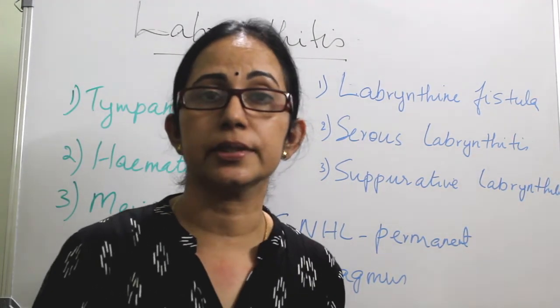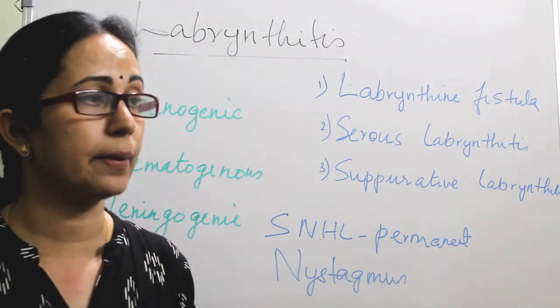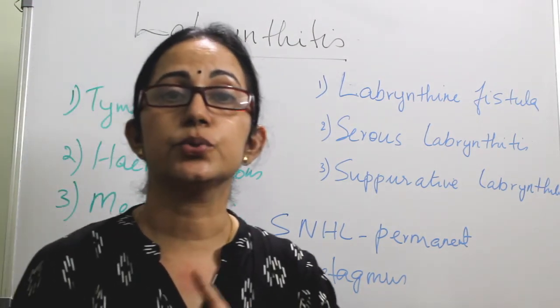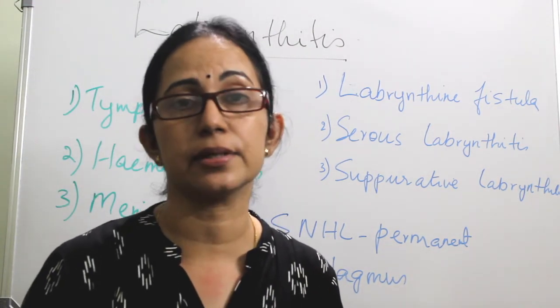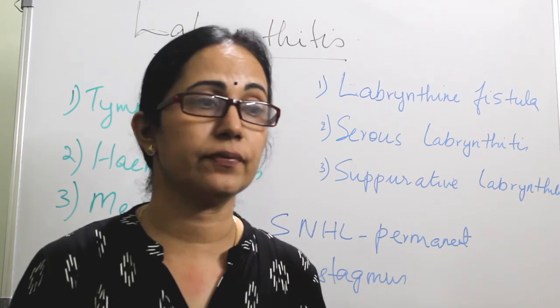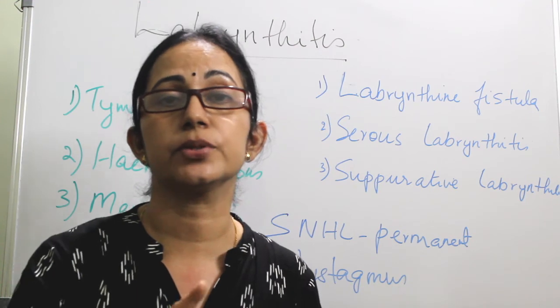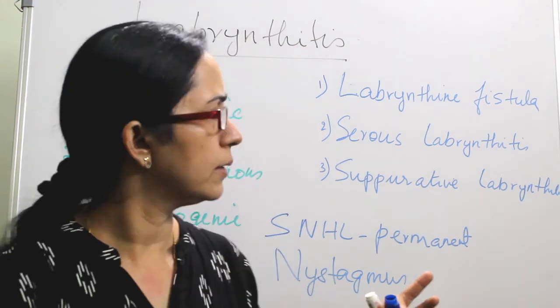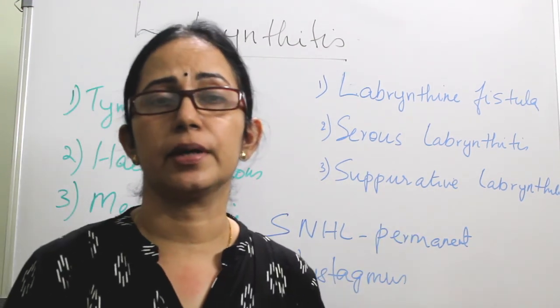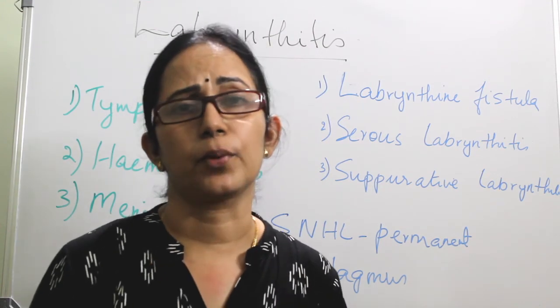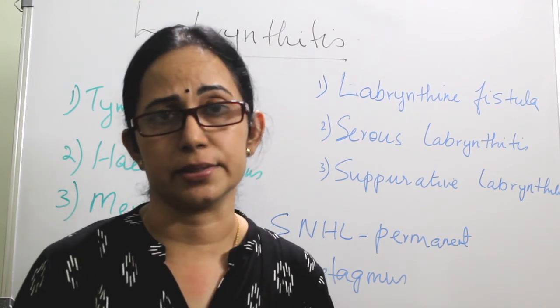To start with, it is irritative type. So this nystagmus will be towards the affected ear for the first day, and after the first day, this will go to the paralytic lesion, so the nystagmus will be towards the normal ear. Usually unilateral suppurative labyrinthitis will be more problematic than a bilateral condition.